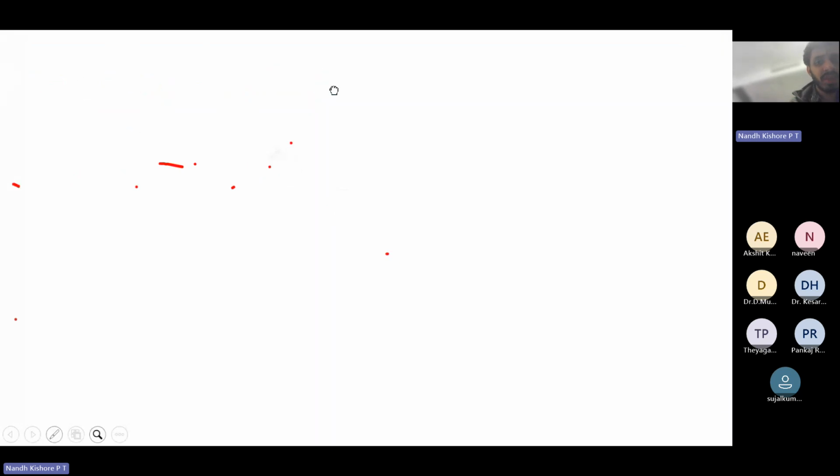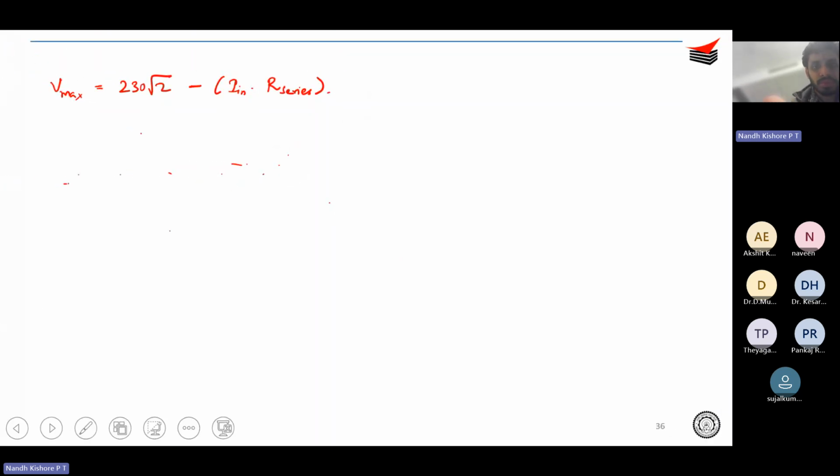Of course, your V max earlier we had written as 230 root 2. Right now it's not just 230 root 2, it will be 230 root 2 minus the drop across the series resistor. Again, this will be into root 2.